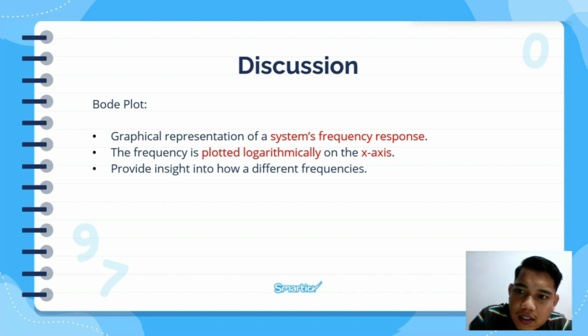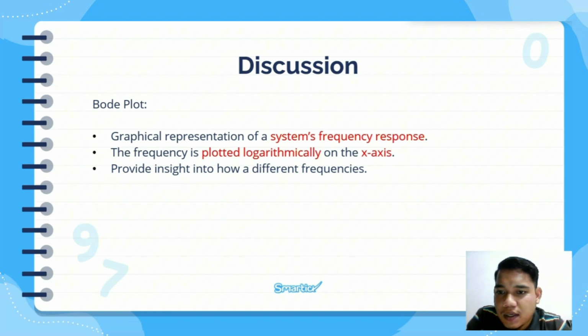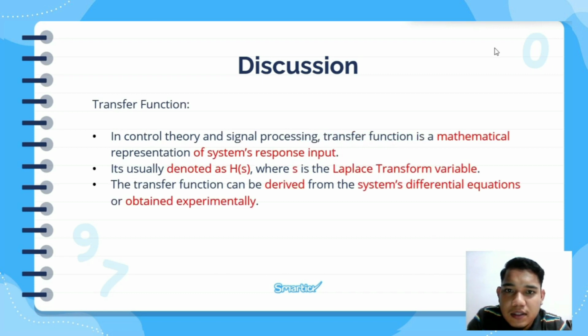In this discussion about the Bode plot, first, the Bode plot is a graphical representation of a system's frequency response. The frequency is plotted logarithmically on the x-axis. It provides insight into how a system behaves at different frequencies. Next, this discussion is about the transfer function.